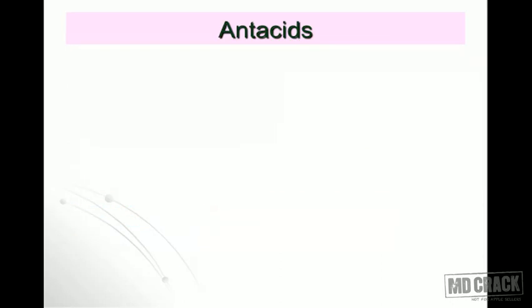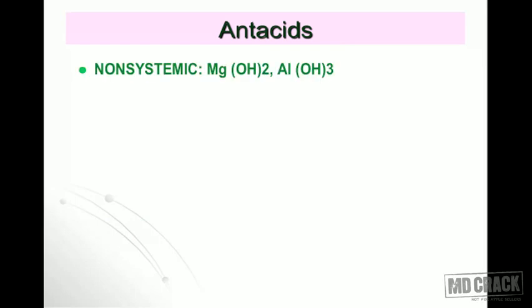So now we are coming to the last group of the drugs useful in peptic ulcer, and these are antacids. First we discuss the non-systemic antacids. They are magnesium hydroxide and aluminum hydroxide. This is your most common combination used in practice, used in day-to-day life as an antacid.